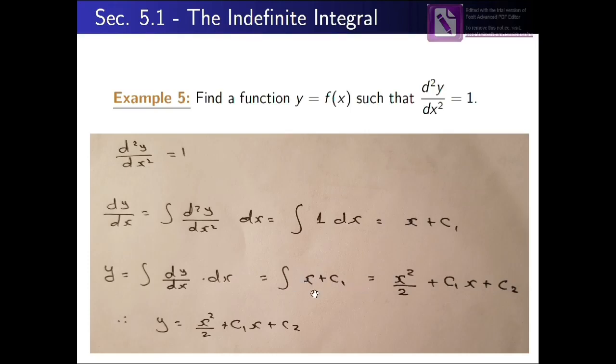Now the integral of x plus c1 d of x will be, integration of x is x squared over 2, plus the integration of c1, where c1 is a constant, it will be c1 multiplied by x plus the constant c2, where c2 is another constant different than c1. So from here we conclude that y is equal to x squared over 2 plus c1x plus c2.